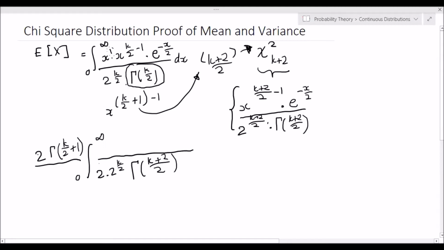So we had the gamma of k over 2. Let's bring it outside over here as well, because we need to move it outside of the integral so that we can be left with only this one. Then our numerator, we know that this is already x to the power of k plus 2 over 2 minus 1 times e to the negative x over 2 dx.